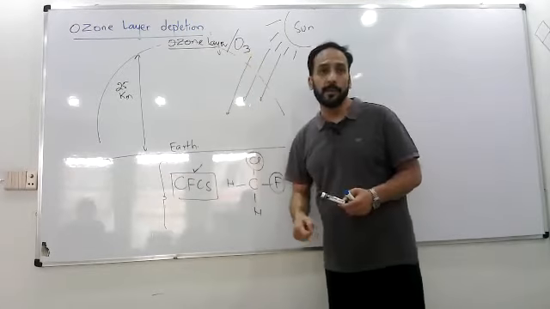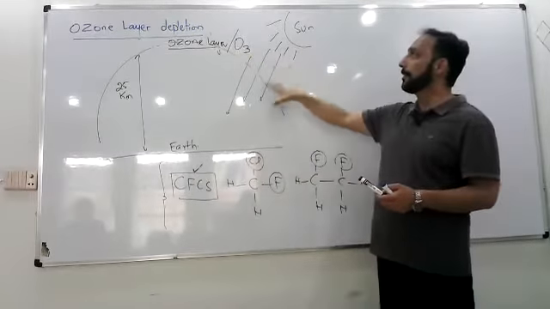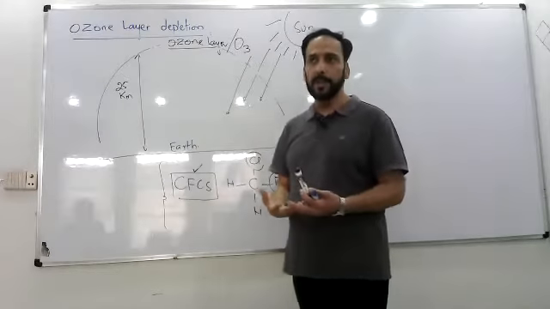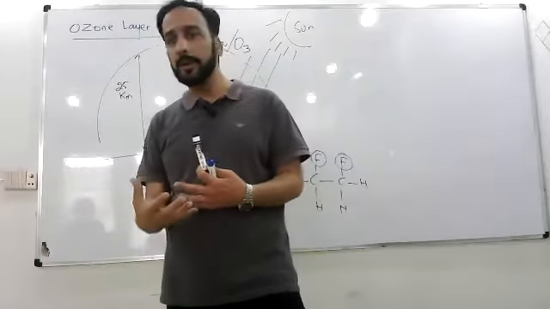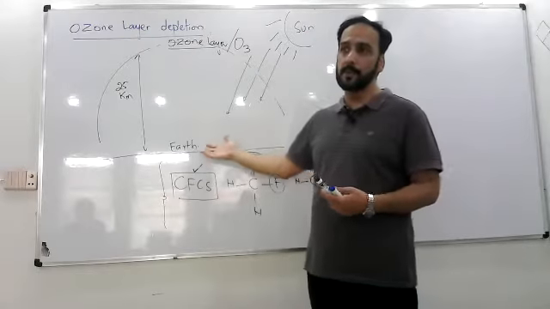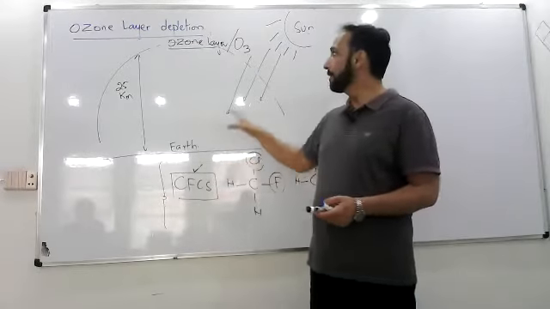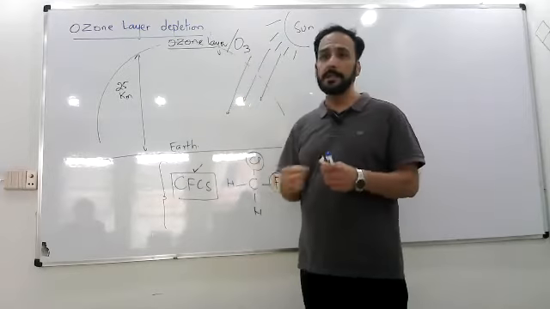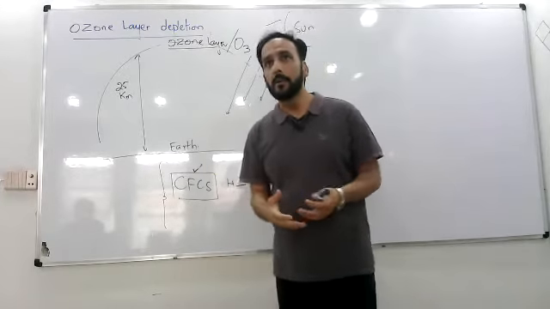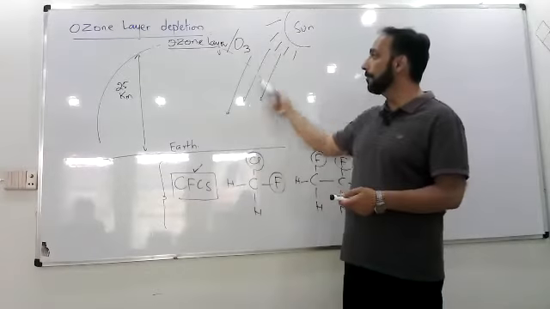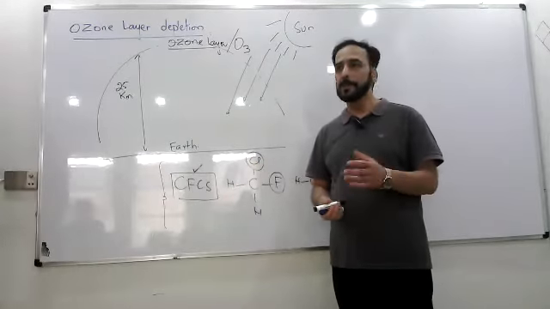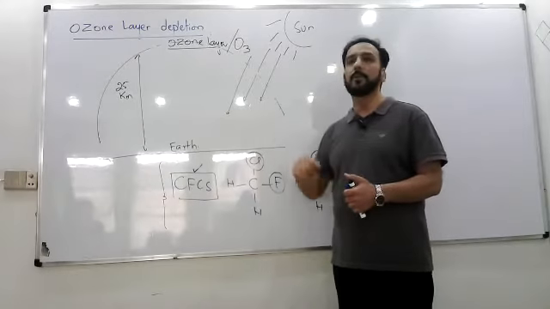The job of this ozone layer is that it filters off the harmful sun rays. It blocks the very harmful radiation from the sun for us, and only the useful sun rays come to us on the surface of Earth. But when openings come in it, patches form, holes form, we say the ozone layer is depleted. Then the direct harmful rays can actually come onto the surface of Earth, and when they do, they will harm us.